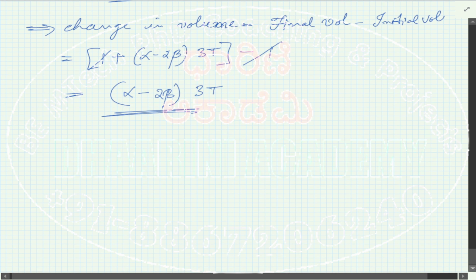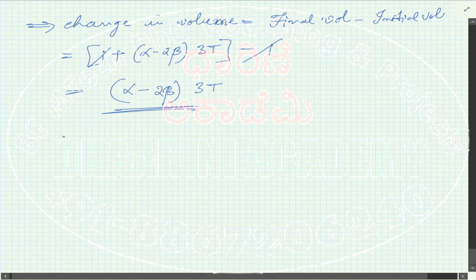So this means I can directly calculate the bulk modulus. Therefore, bulk modulus K is nothing but the stress divided by strain. Strain is nothing but alpha minus 2 beta into 3t.